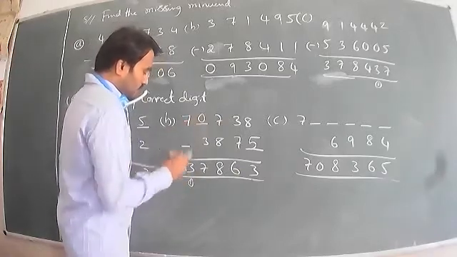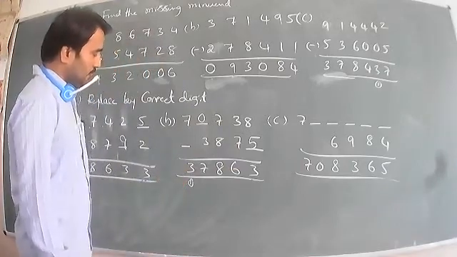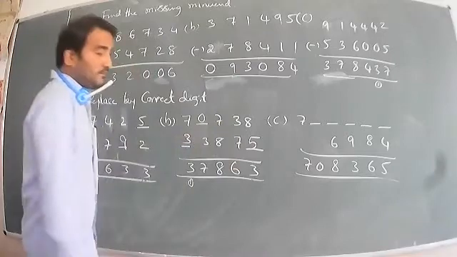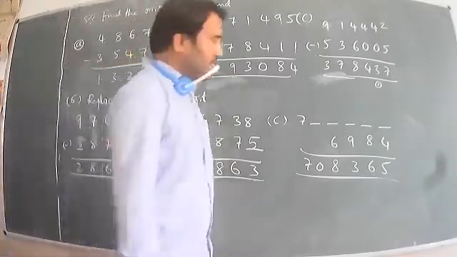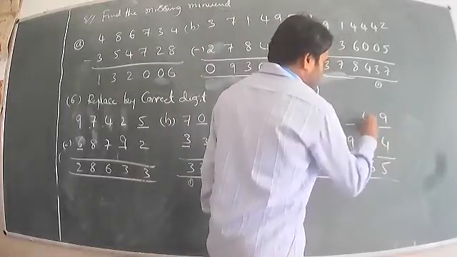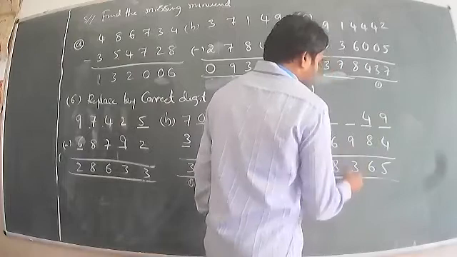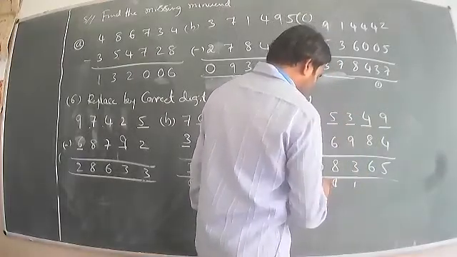Okay, then 3. I will go for finally that last question. 5 plus 4, 9, 8 plus 6, 14, 1 carry, 9 plus 1, 10, 1 carry, it is 1.